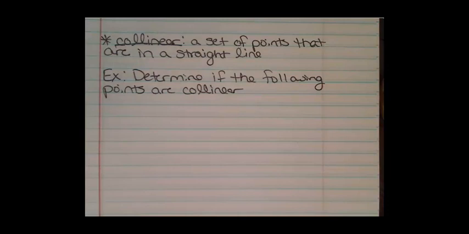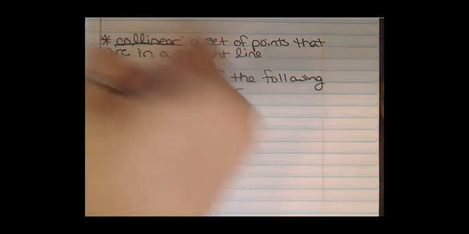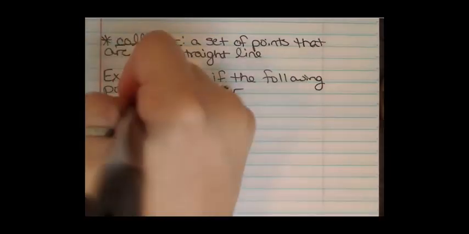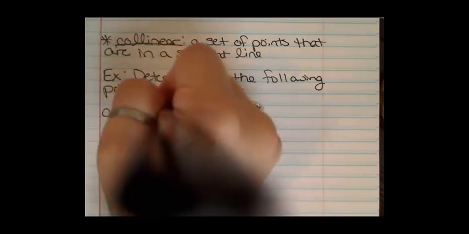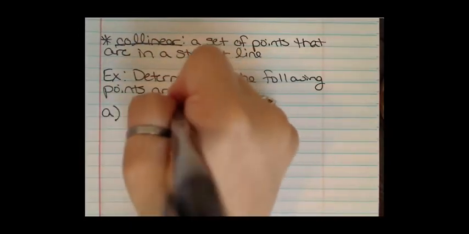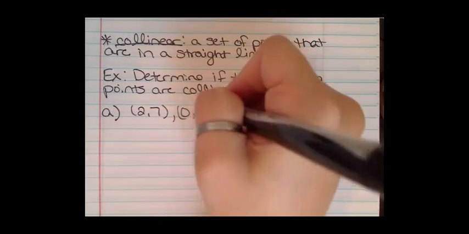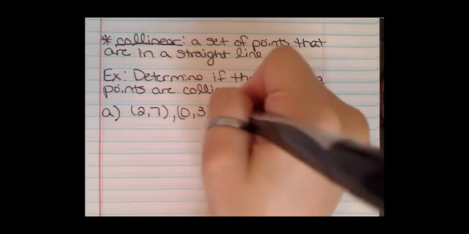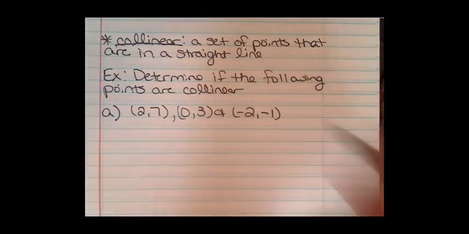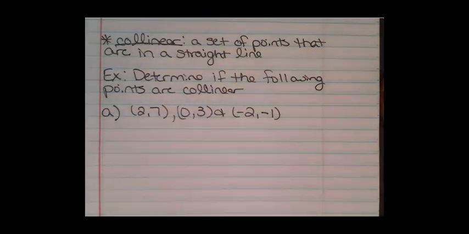So we have 2, 7, 0, 3, and negative 2, negative 1. So the way you figure out if they're collinear is we're just going to plot them, and we will see if they make a straight line.